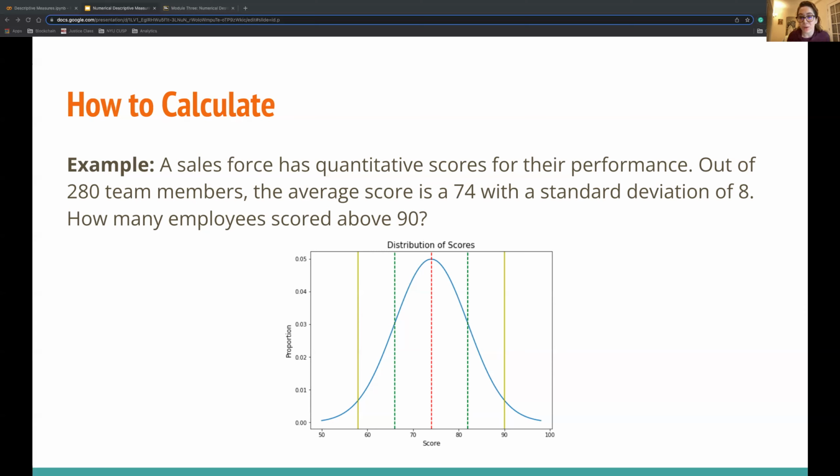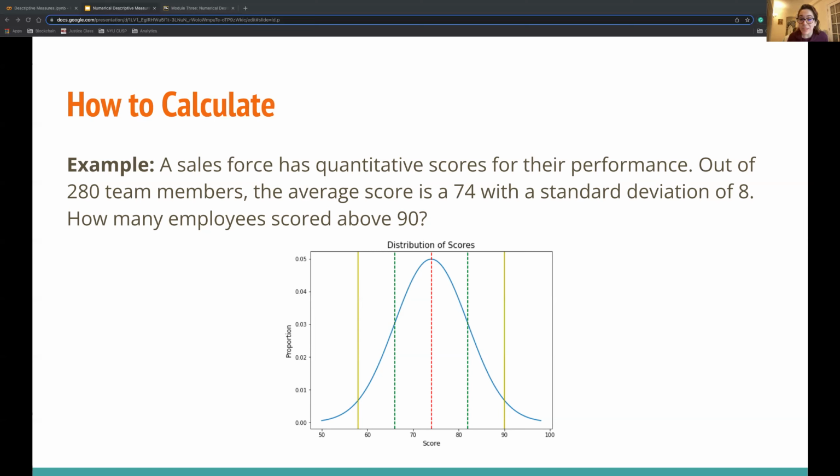Now, what if we want to know how many team members scored above 90? We want to know who's really accelerating beyond the average. Since we know that 90 is 2 standard deviations above the mean, and 95% of values fall within 2 standard deviations, we can subtract the rest of the area under the curve, which is 5% for both tails, since the total area under the curve will equal 1 or 100%.